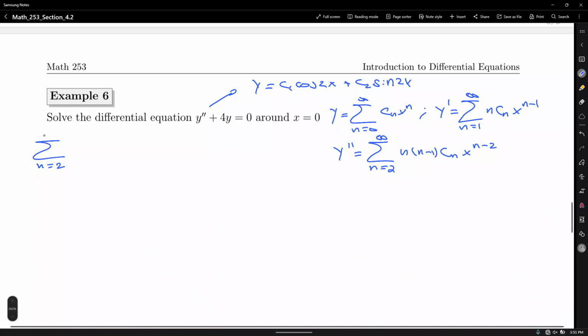Sigma n equals 2 to infinity of n times n minus 1 c sub n x to the n minus 2, plus 4 times sigma n equals 0 to infinity of c sub n x to the n, equals 0. So we need to solve this equation. This will actually require shifting only.